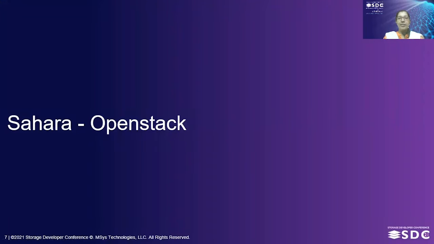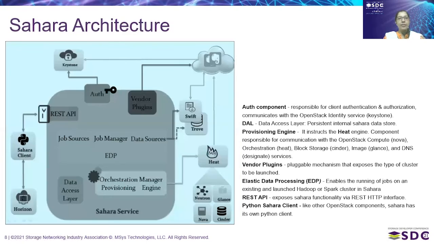Then we shall see how these two come together. The overall Sahara architecture: in OpenStack we have a UI called Horizon. Through Horizon, we request the Sahara client and it moves on to the REST API.